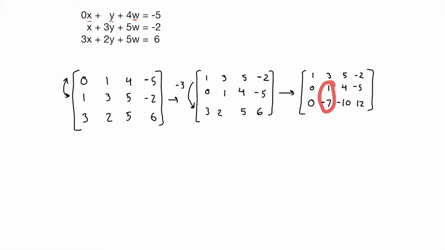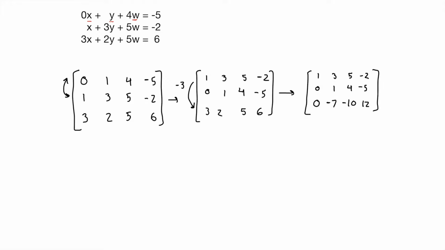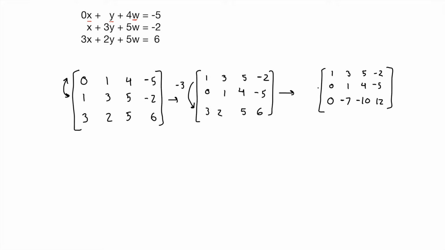And we don't want these 2 rows to have the same leading numbers in the same column. So we're going to multiply the second row by 7 and add it to the last row. And so now this matrix becomes, first row stays the same, as is the second one.